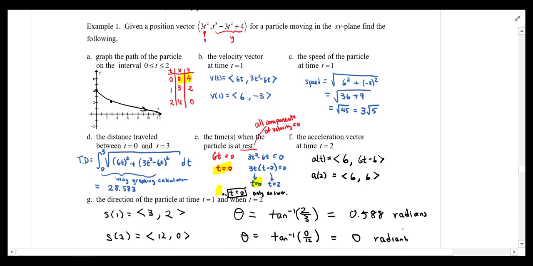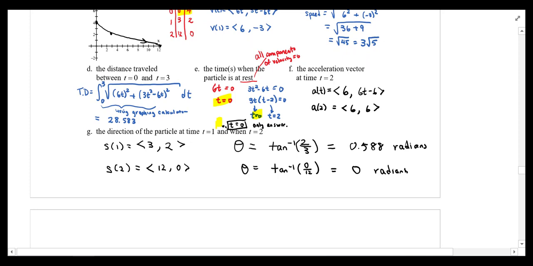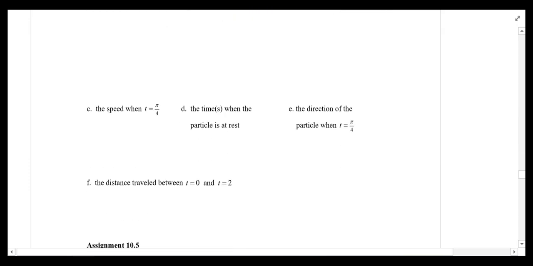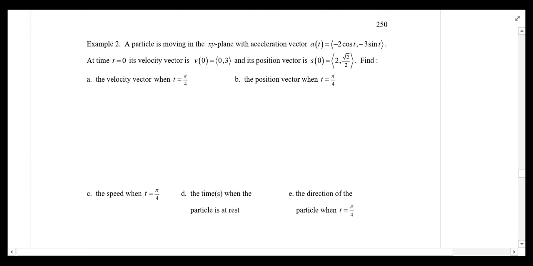Okay. All right. So I think you have a good idea of what's going on now. Your job is to look at example number 2, and I think you can do it all on your own, because it's just going backwards. This time I'm starting off by giving you the acceleration vector. And then you're going to have to find the velocity and position vector.